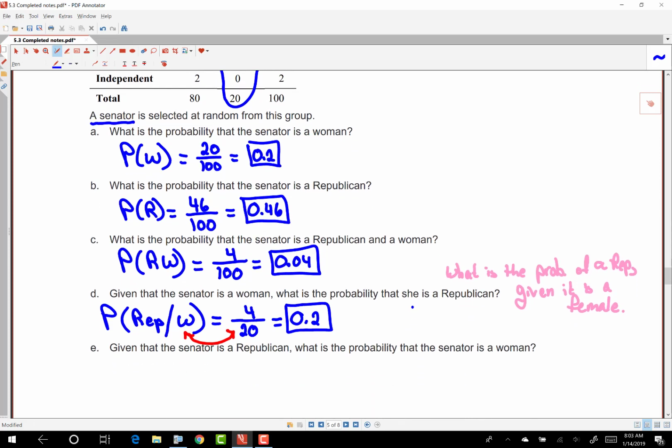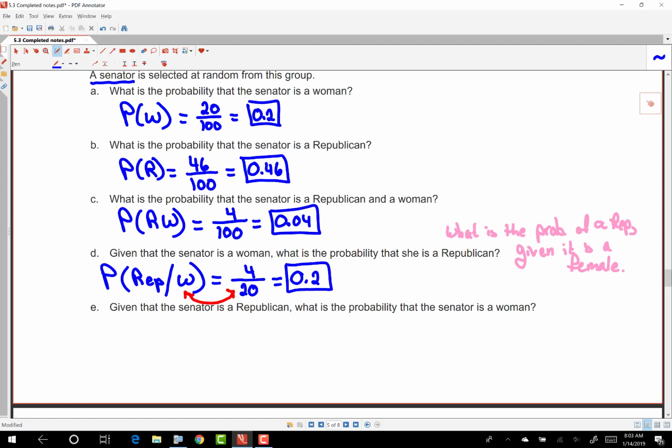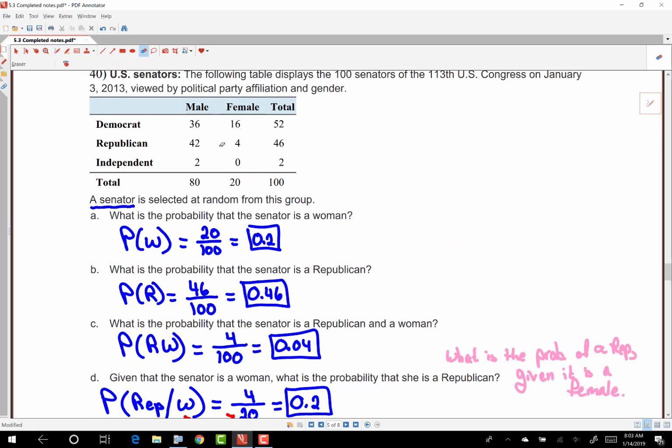Okay, let's look at part E. They're flipping it around now. Given that the senator is a Republican, what is the probability that the senator is a woman? So this time our given condition is Republican. So we want the probability of woman given she is a Republican. So we know that it's a Republican, so we're going to be looking at this row.